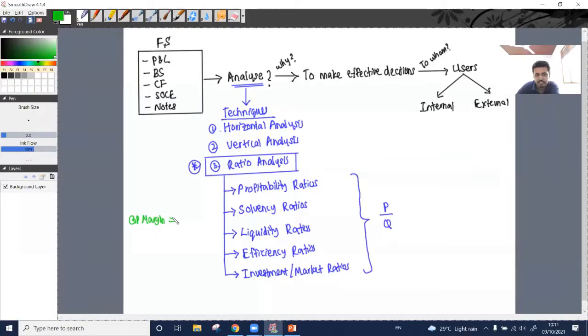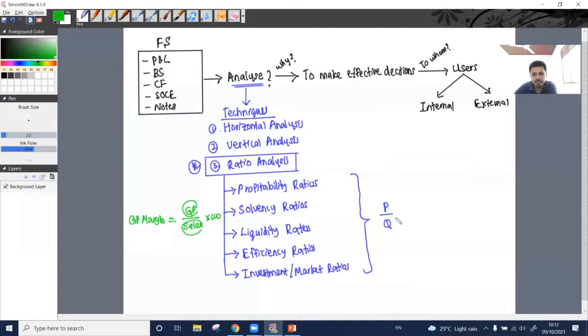Gross profit over sales. If we need to represent it as a percentage, we multiply by 100. Gross profit is in the numerator and sales is in the denominator. It is a ratio in P over Q form.